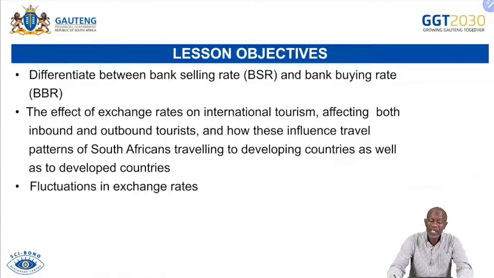We're also going to look at the effect of exchange rates on international tourism, affecting both inbound and outbound tourists, and how this influences travel patterns of South Africans traveling to developing countries as well as to developed countries. We are also going to look into fluctuation in exchange rates. Grade 12 learners, I'm going to unpack each of the objectives, each of the concepts that we have mentioned here during the lesson.